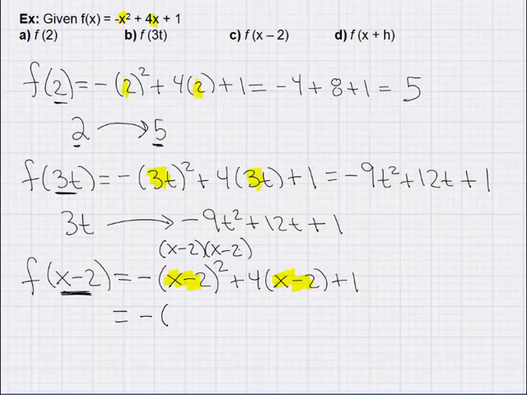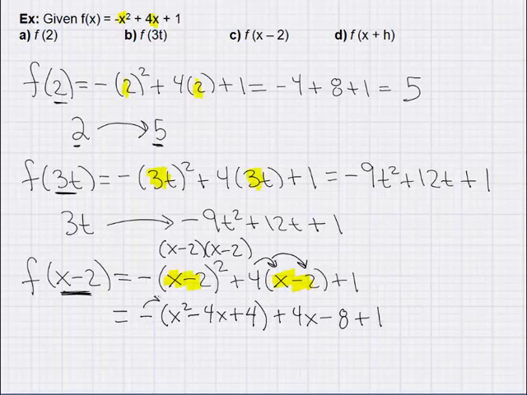You FOIL this out and you end up with x squared minus 4x plus 4. Okay, so that's that. I distribute this 4 in here, and I get 4x minus 8 plus 1.